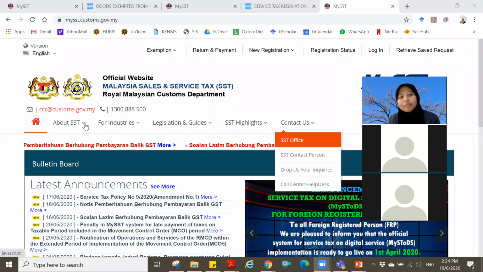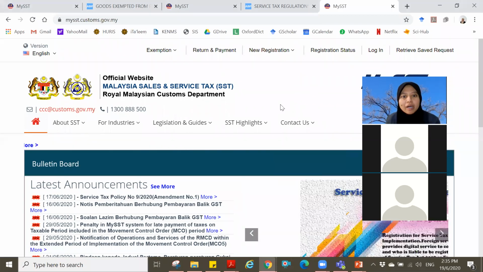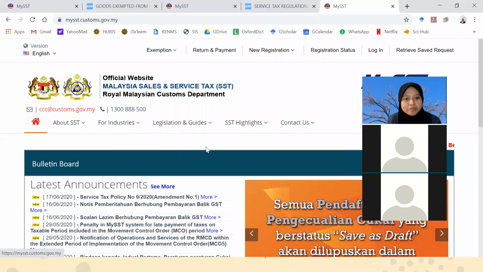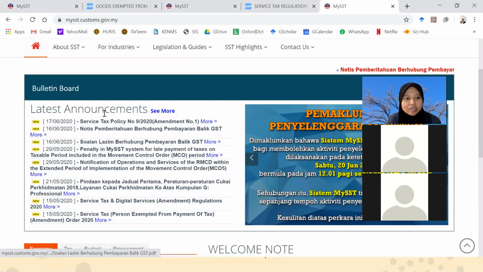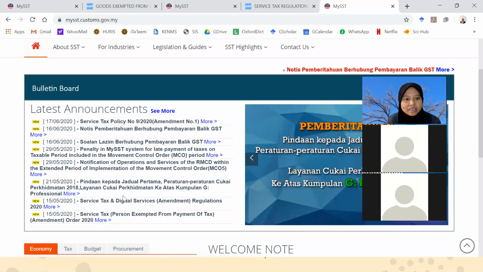This is what we call the MySST portal. This portal is from the Customs, for anything related to SST. Previously, during GST time, they had MyGST. Now it's MySST. So everything about SST is here, and also any information and announcements. You can see there are a lot of announcements. All changes are announced through here.